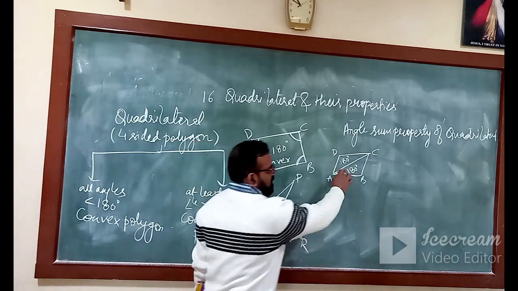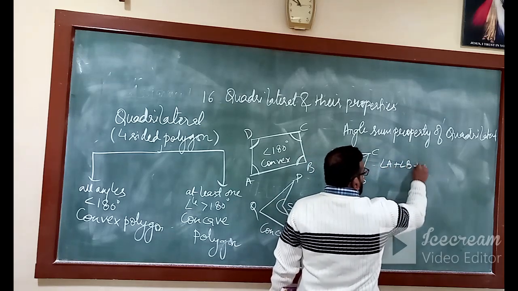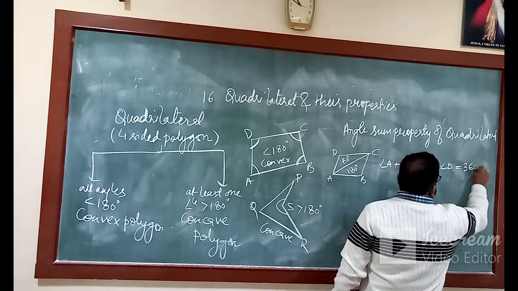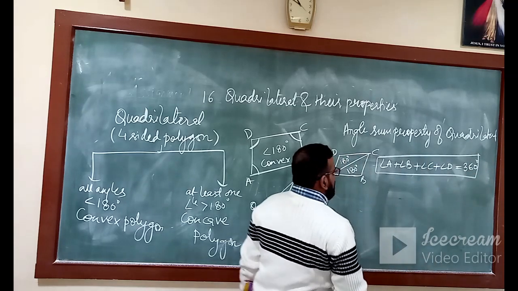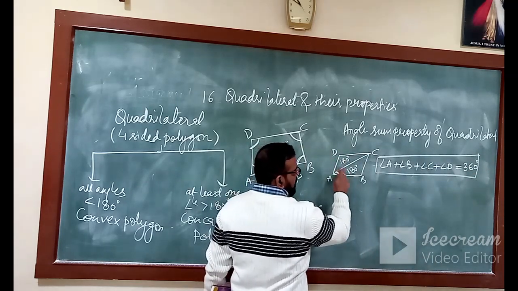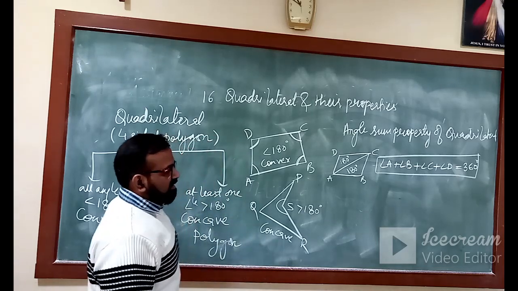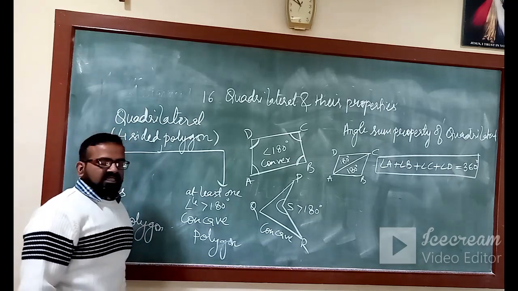So we can easily see from here the sum of four angles of the quadrilateral is equal to how much? 360 degree. How did we get this? 180 plus 180 will give you 360 degree. So the sum of all the angles of a quadrilateral is equal to 360 degree.